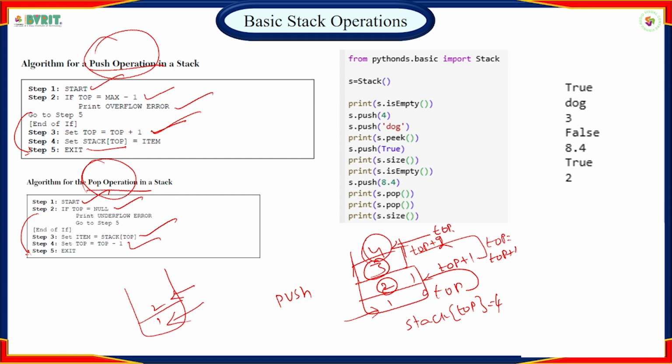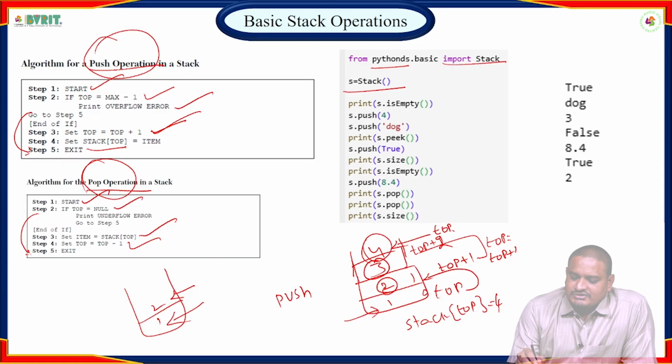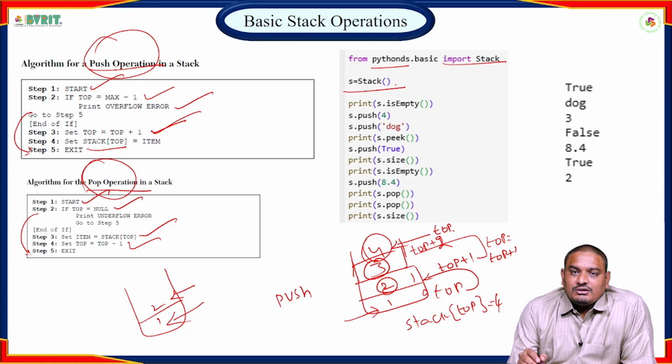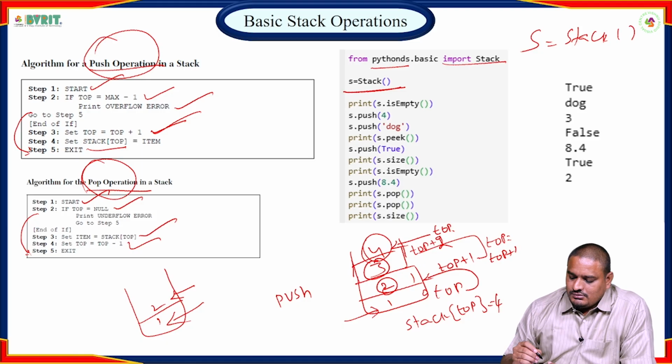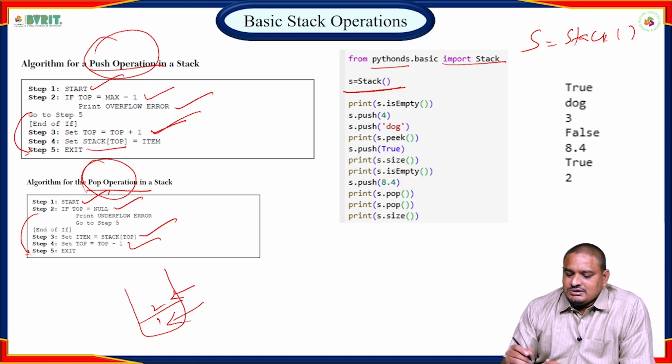Now see this example for all the operations. From Python data structures dot basic we are importing the stack, s equal to stack. First we are creating the stack. See this example.